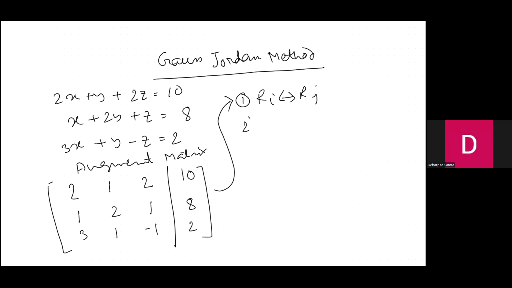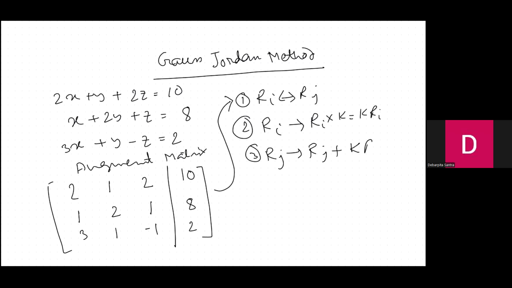Next, Ri can be multiplied by any non-zero factor k, that is, k Ri. Third, a row Rj can be replaced by Rj plus k Ri, that is, adding a multiple of another row.